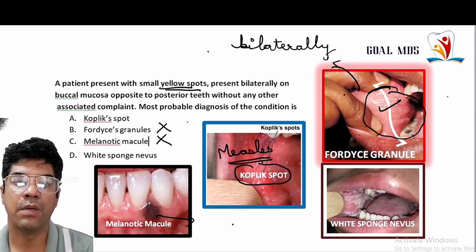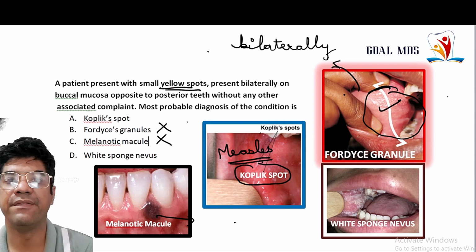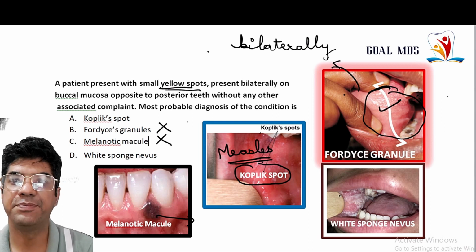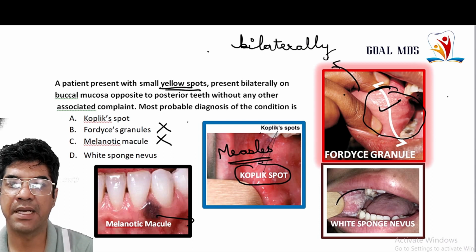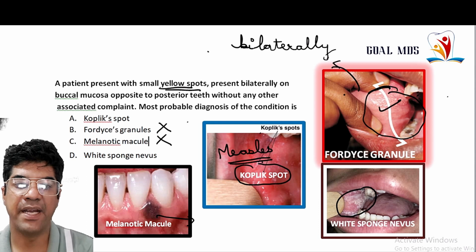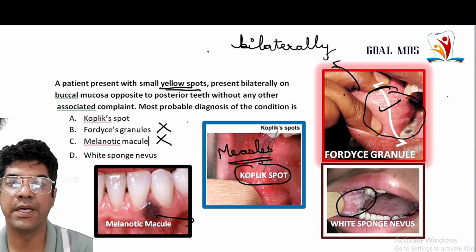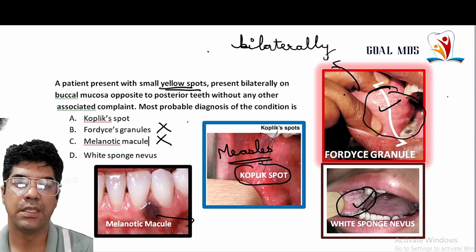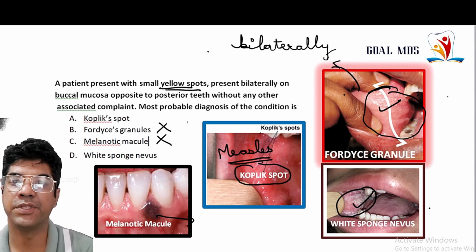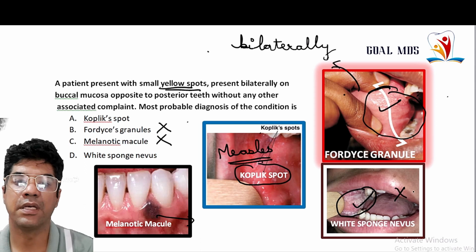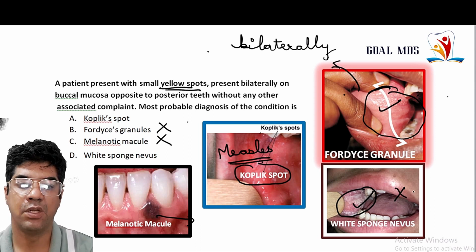The white sponge nevus is characterized by white folded or corrugated mucosal patches that are often found on the buccal mucosa. So it is also not associated with yellow spots.